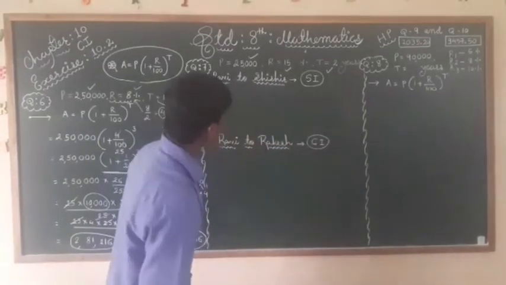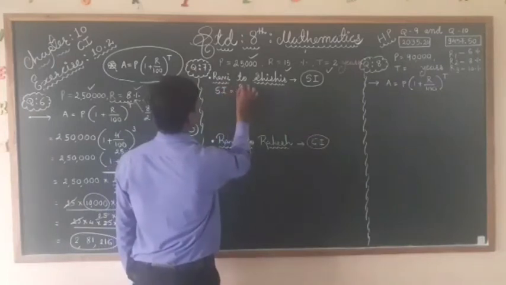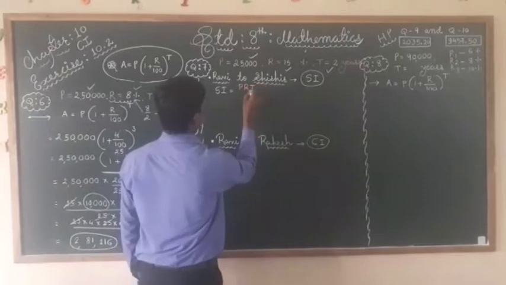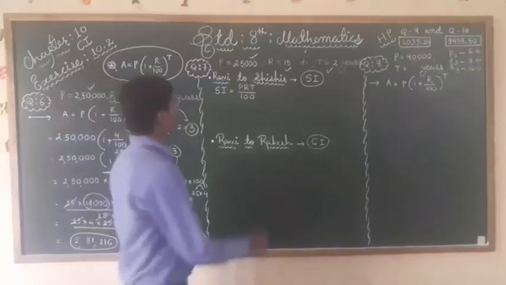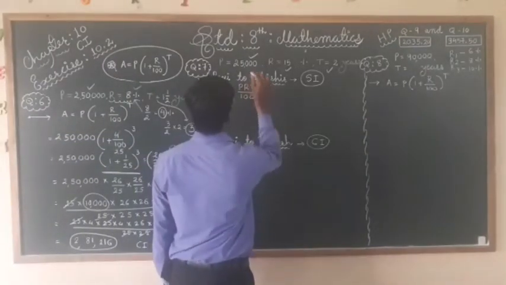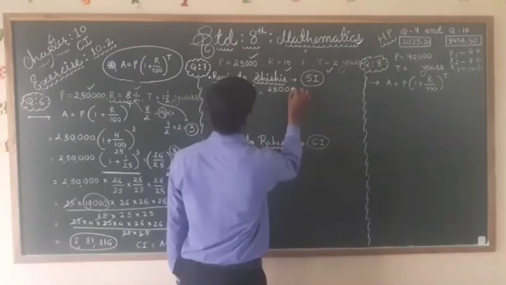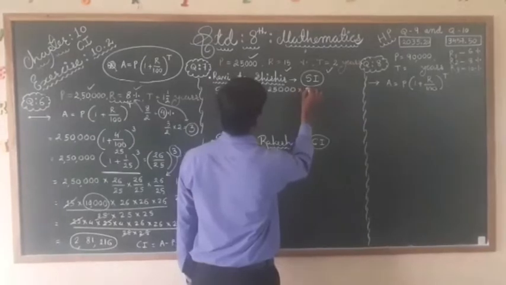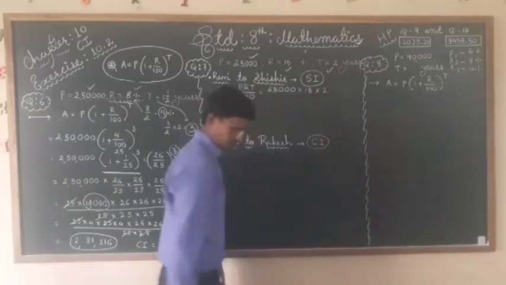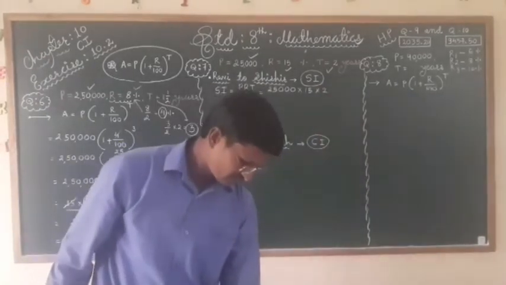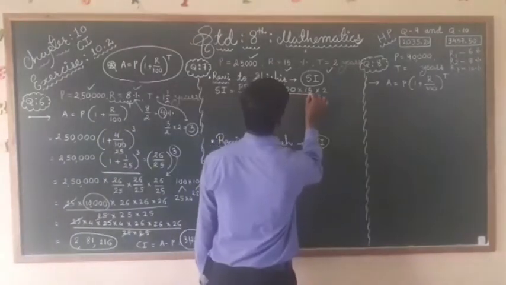Okay, so here first the simple interest formula we know, that is PRT upon 100. So by keeping the values in the formula: 25,000 multiplied by R, that is 15, and the term, that is 2 years, divided by 100.